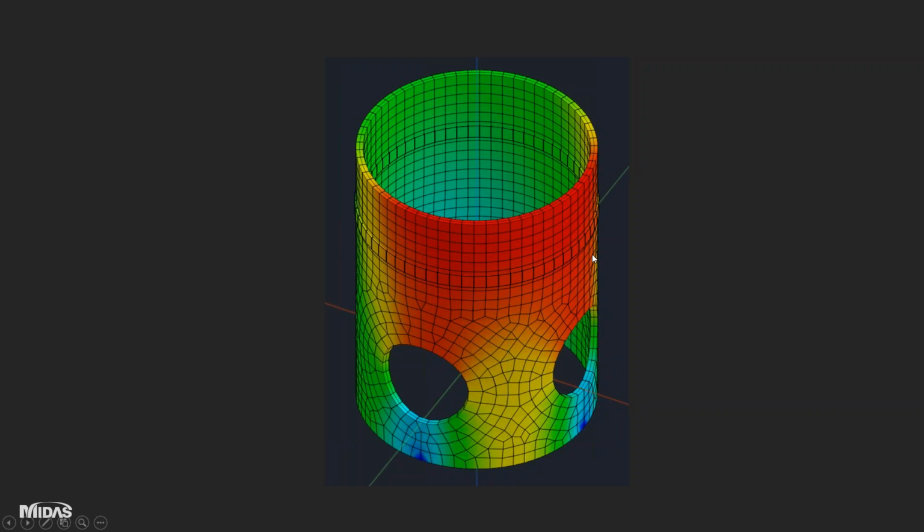So for these kinds of structures, if you want to model and analyze in MIDAS Gen or other software, imagine how tedious it is in the modeling part and even the mesh system.